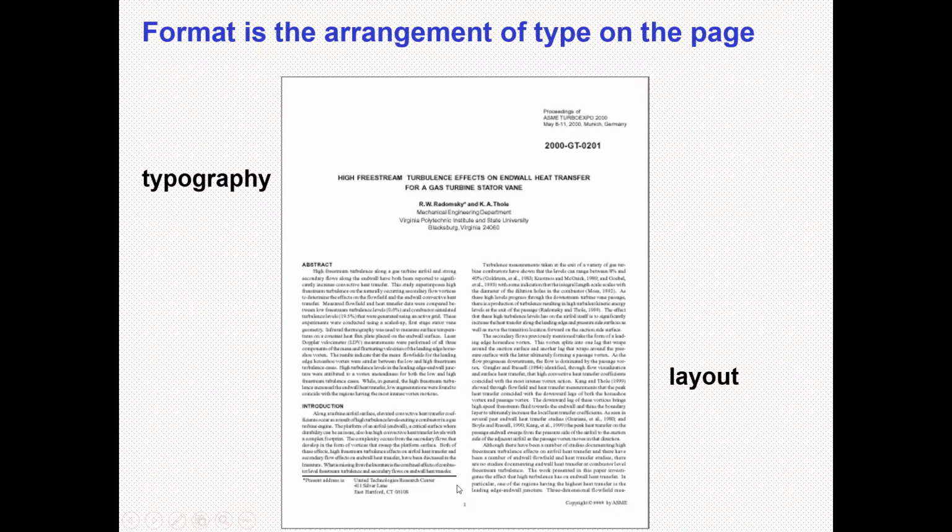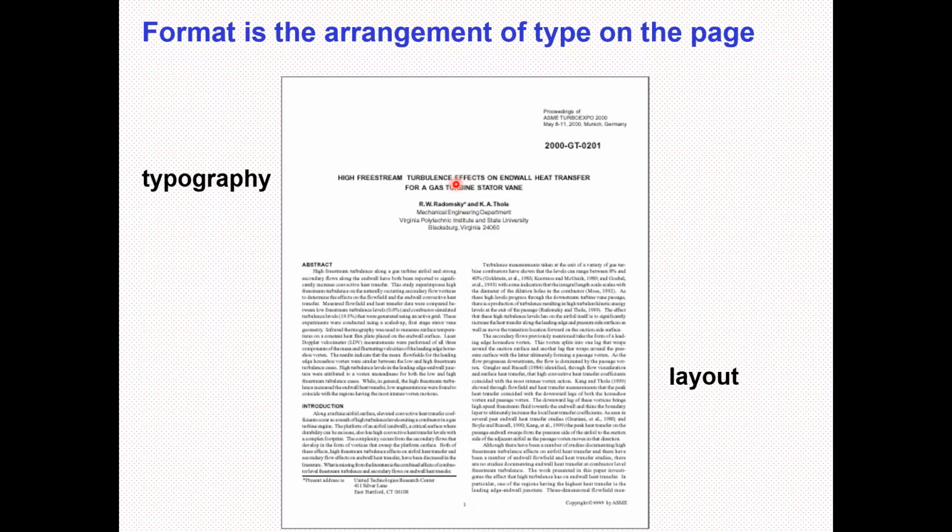That mainly consists of typography. It's a particular typing style that you write and then put on the paper, and when you put it on the paper, it should follow a particular layout. That is, it should be in a single column, just like we have the title and the affiliations.